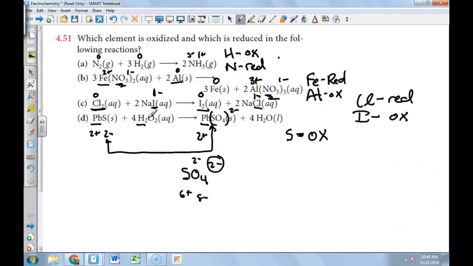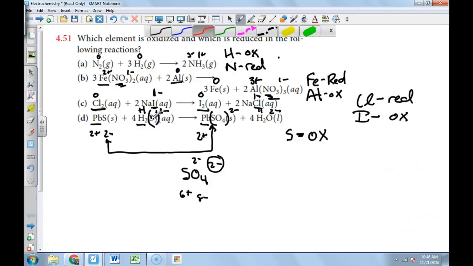Now let's look at hydrogen, the next one here. Hydrogen has a +1 charge, because this is the peroxide polyatomic ion, which has a 2- charge, so this is 2+. And here, this oxygen has a 2- charge, and this is 1+. So hydrogen isn't doing anything. The only thing that can be happening here is that oxygen has to be doing something. So let me get out the red pen because there's a lot of markings here.